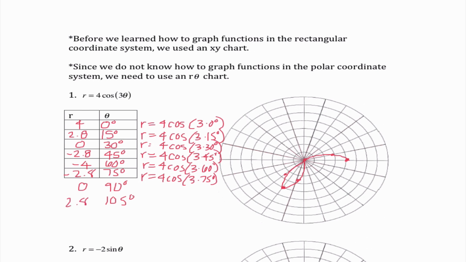Okay, so what that means for me, I'm going out 2.8, and I'm moving 105 degrees. So my guess, based on what I'm seeing here, is that my next point is going to be at 4, and then back at 2.8, and then back at 0, and then I'm guessing there's going to be one at 2.8, like right here, because that would kind of finish that pattern.